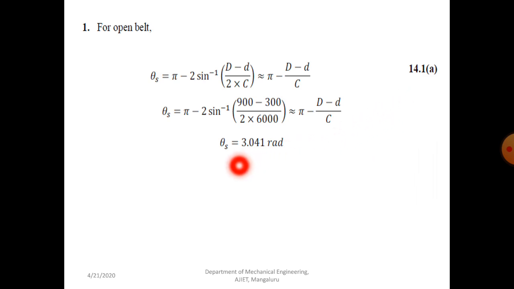So theta s is 3.041 radian, because you have to substitute all the values. D value is given 900 minus 300 millimeter divided by 2 into c. C value is 6000, that is nothing but center distance. After substituting all the values, you will get theta s as 3.041 radian. So that is the angle of wrap for the smaller pulley.